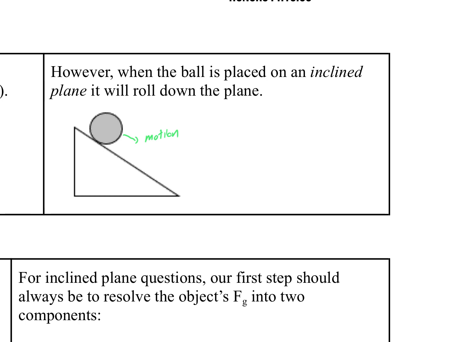And we still have to realize that the weight of the object is still pointing down, and the normal force is still perpendicular to the object. So there's some kind of net force that is pointing down the ramp that we have to account for.